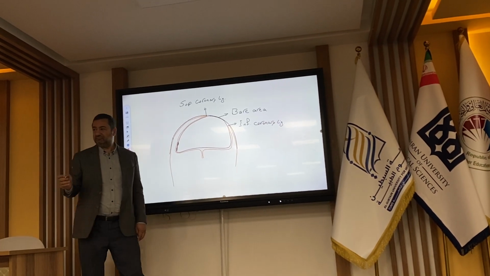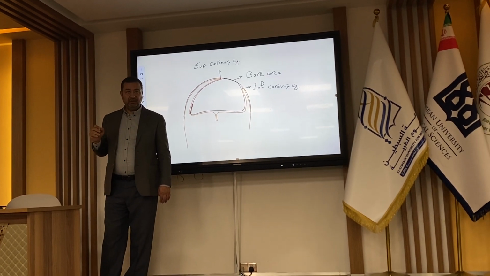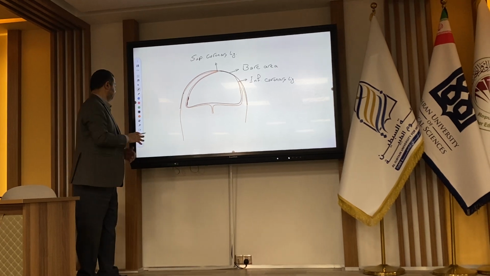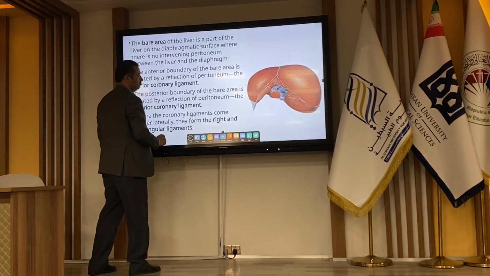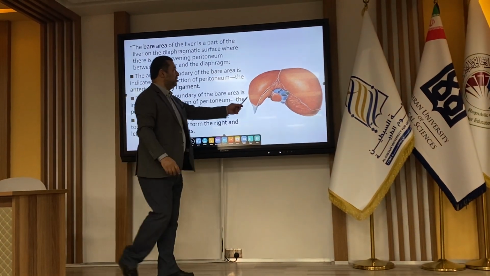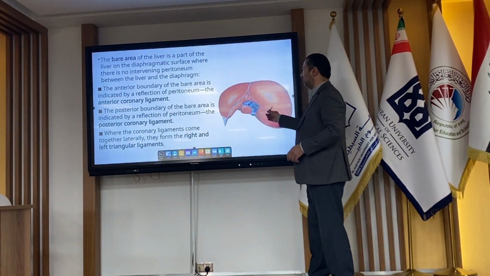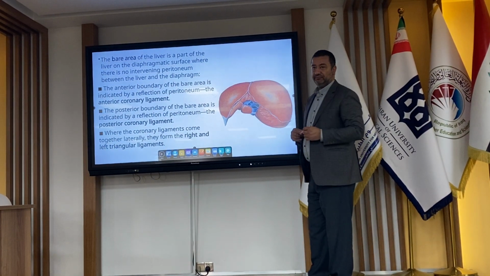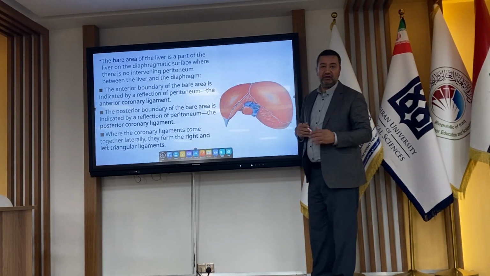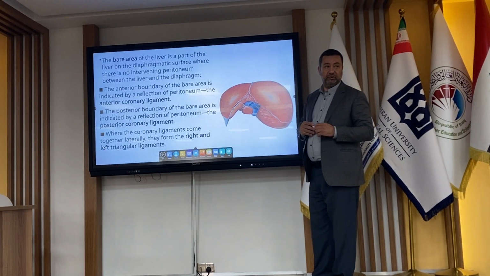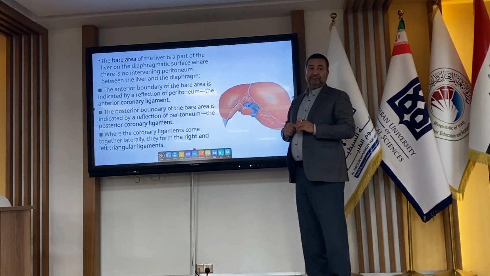Is it clear? This is superior coronary ligament and this is inferior coronary ligament. Anterior coronary ligament or posterior coronary ligament. Between them, this area is called bare area, or posterior surface of the liver.